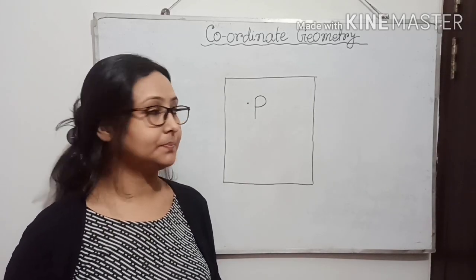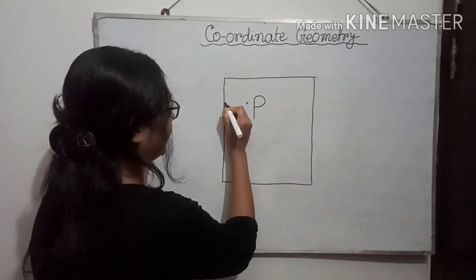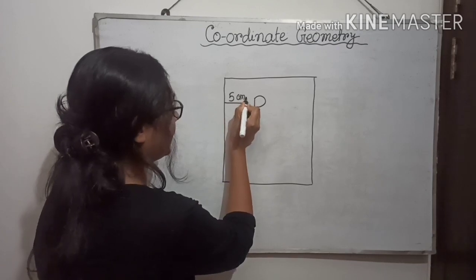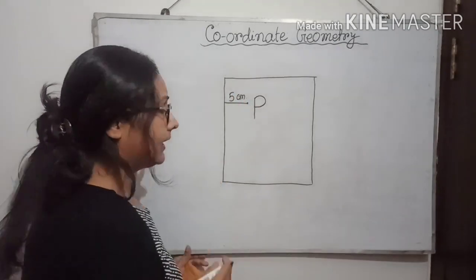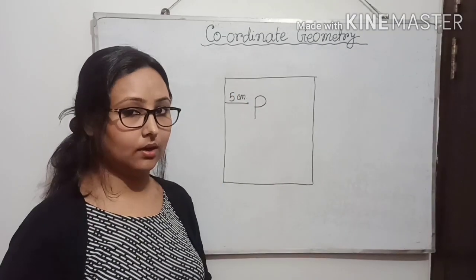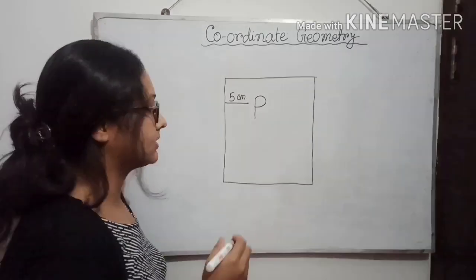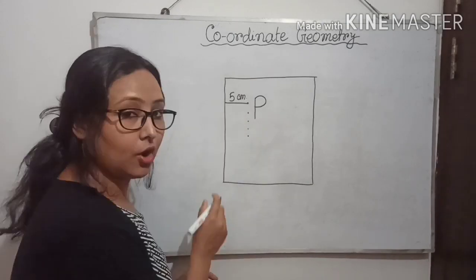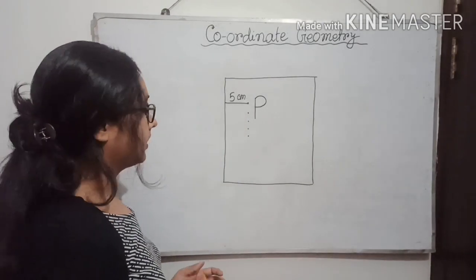The answer is no. But if you say that the point P is 5 cm away from the left edge of the paper, then it helps to give some idea, but still it is not clear, because there are many points which are 5 cm away from the left edge of the paper.